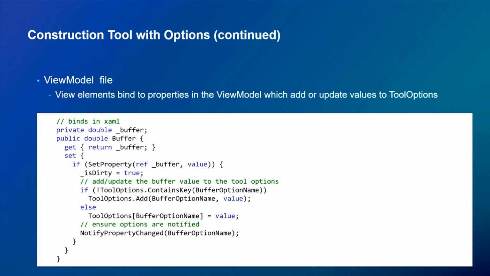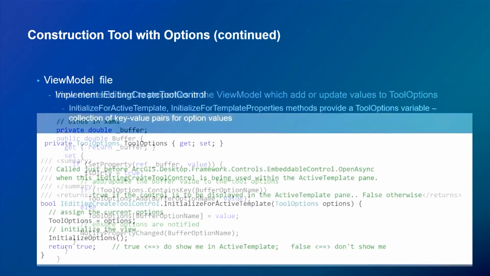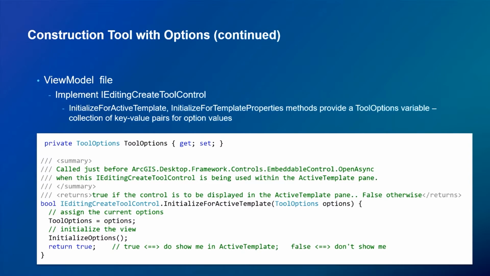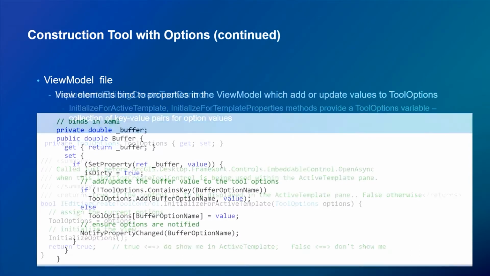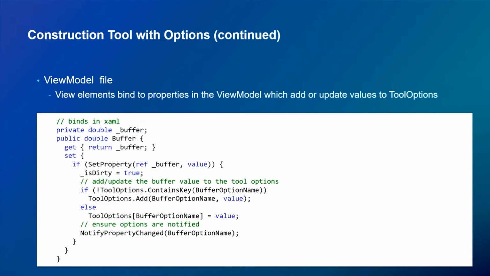The pieces of information that we get out of our tool options, we expose as properties on our view model, and then bind those into our view.